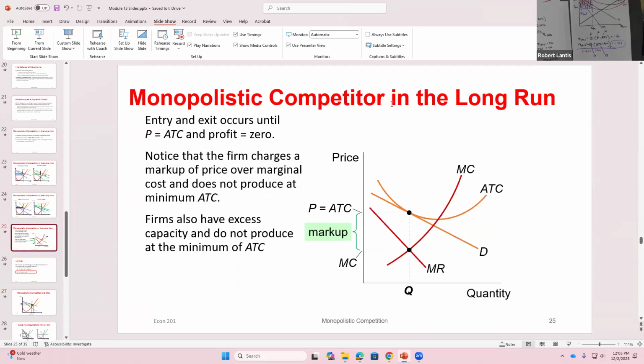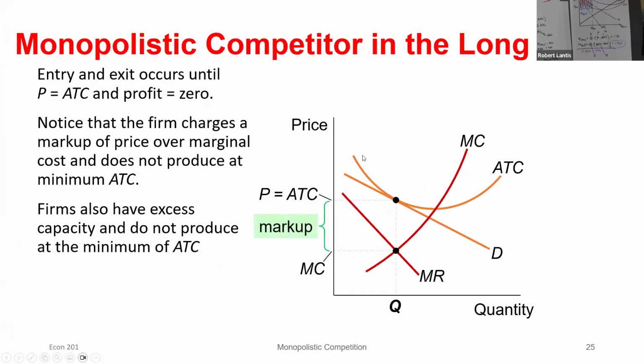We're thinking about monopolistically competitive markets in the long run, okay? So we already said that firm entry and exit should result in profits for these monopolistically competitive markets to be what in the long run? 0, okay? Now we're going to point out some differences between the monopolistically competitive market and the perfectly competitive market, okay?